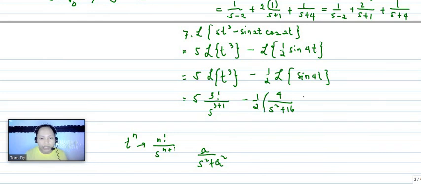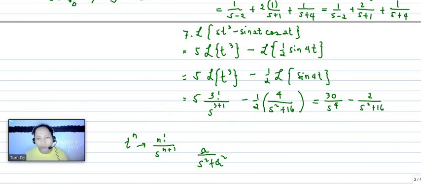So this is now equivalent to 3 factorial, that is 3 times 2 times 1, 6 times 5, that is 30 over s to the fourth. Minus, this 4 is divisible by 2, 4 divided by 2 is 2, so that is 2 over s squared plus 16.